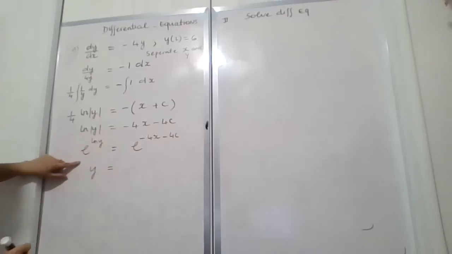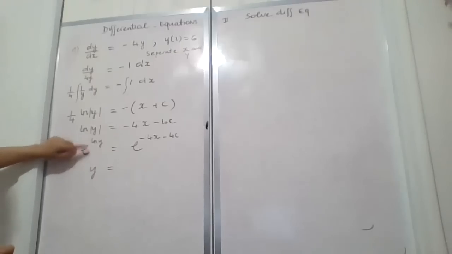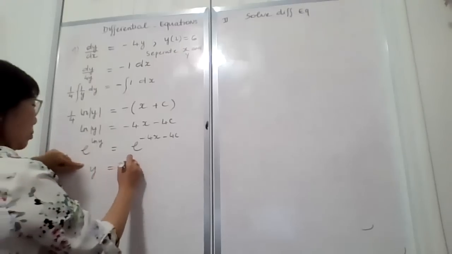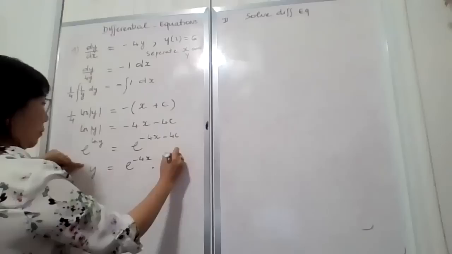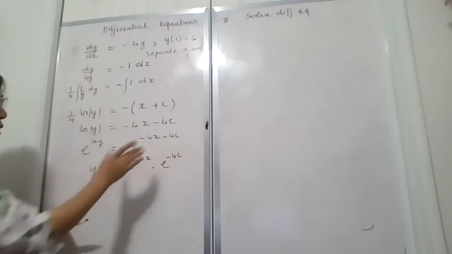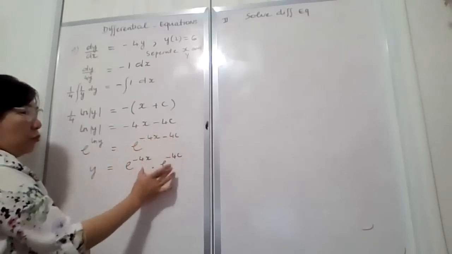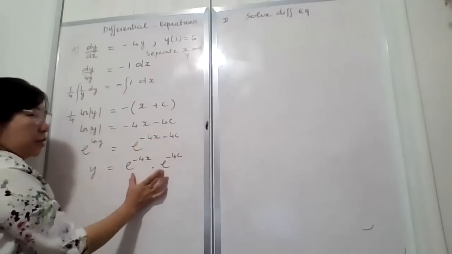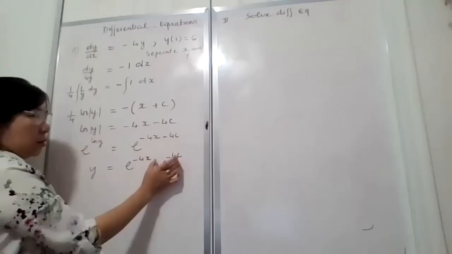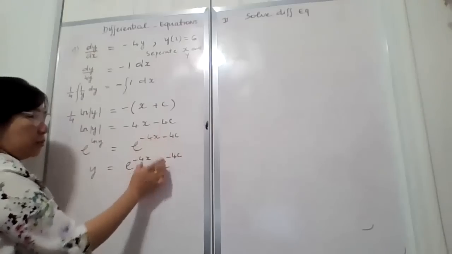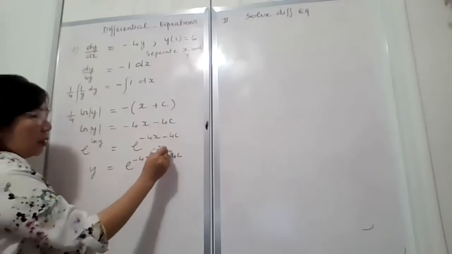That's how logarithmic evaluation is, right? e to ln y equal y equal e to minus 4x times e to minus 4c, right? When we multiply numbers with the same base, we add the power, right? So that's how I split them like this.